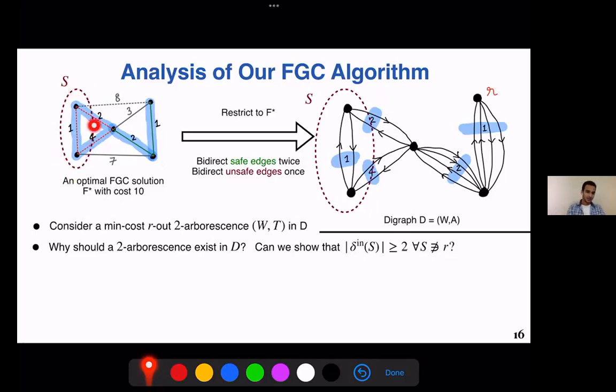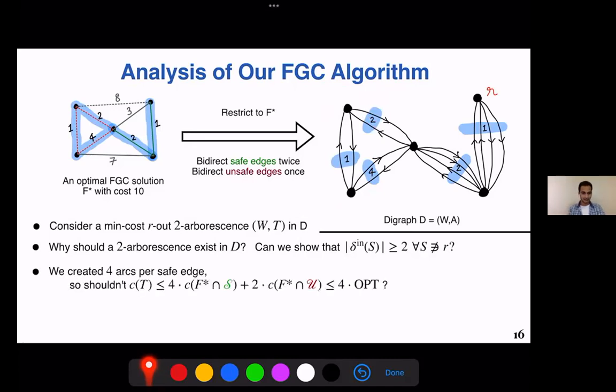Let's go to the corresponding cut in the original instance. Again, by FGC feasibility, we have two unsafe edges on this cut. So each of these will contribute one arc to this cut. So this shows that a two arborescence exists in this digraph.